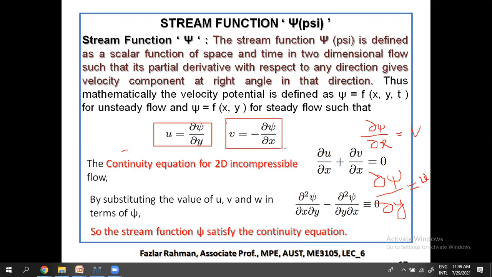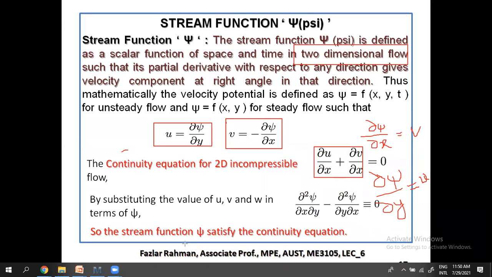It has a specific reason. In a two-dimensional incompressible flow, the stream function must satisfy the continuity equation. So this is our continuity equation in two-dimensional flow. The summation of these two has to be 0.